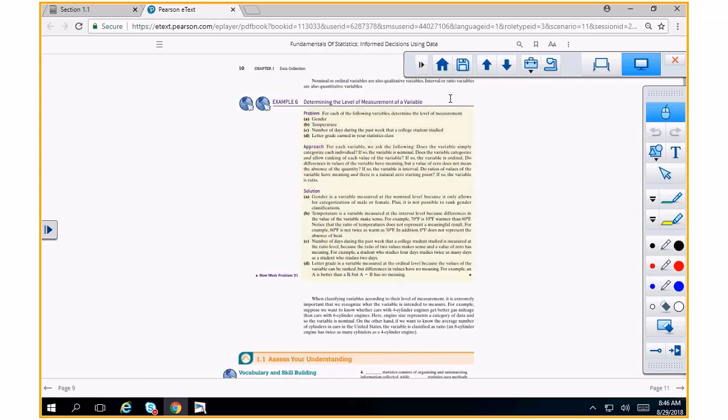Whereas, I think, let's see, where is it? Number of days, C. That would be ratio. And temperature's interval, temperature's interval. So use those examples, and that's the one you really need to write down or make a note of.